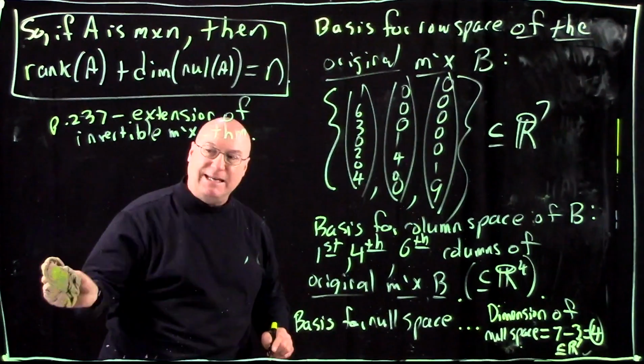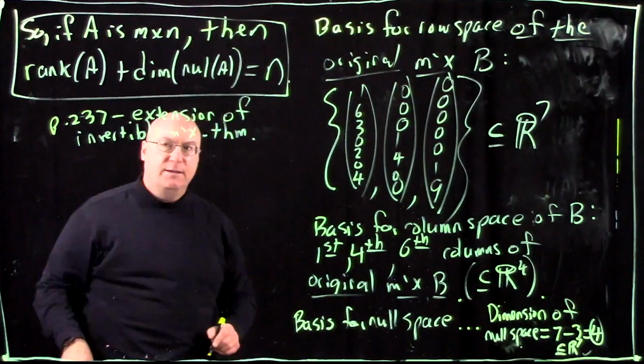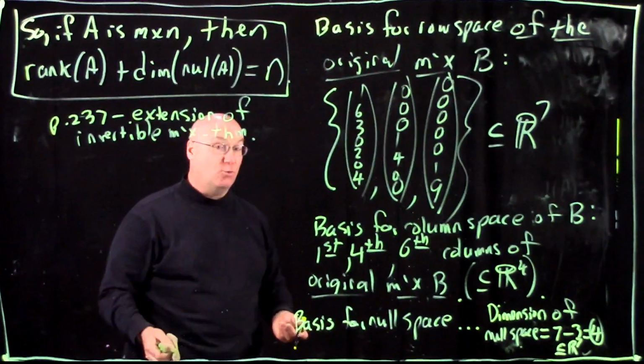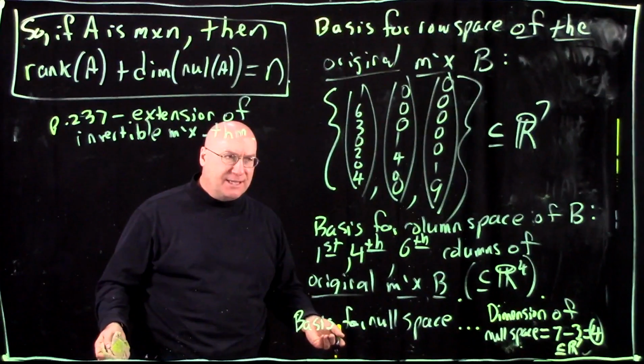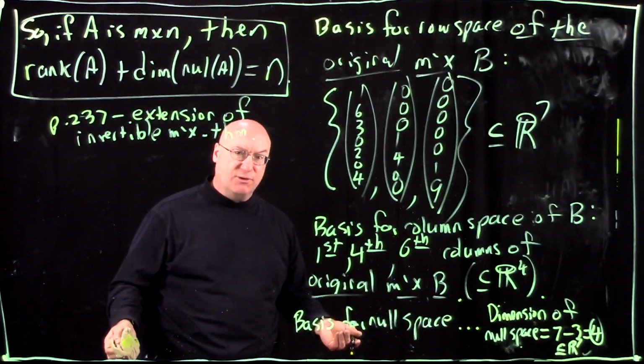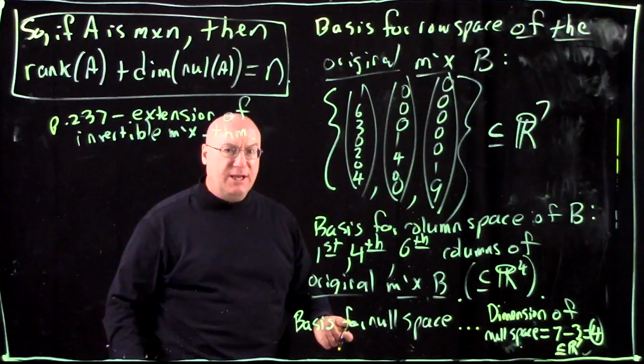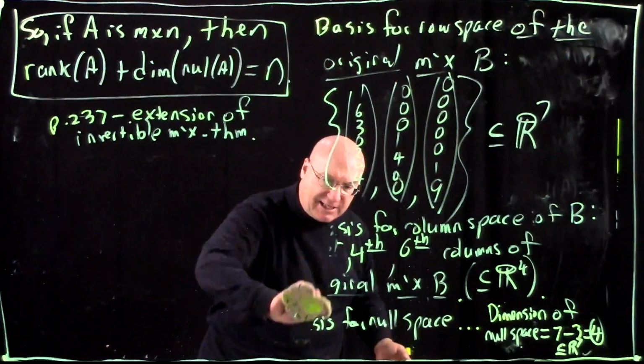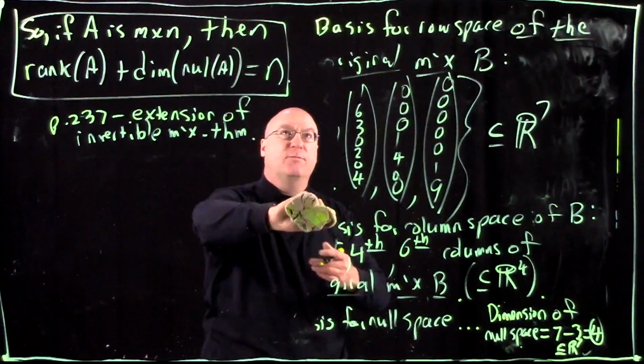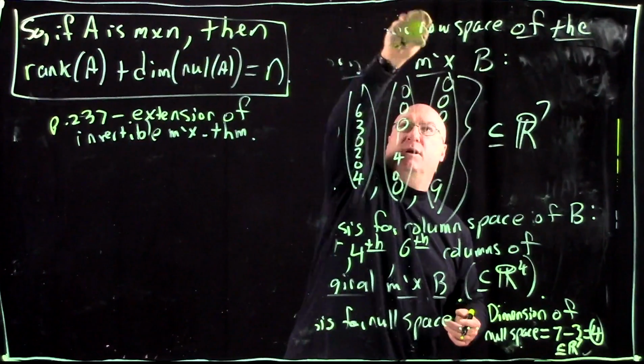So if you have an n by n invertible matrix, then guess what? If the rank is n, that would mean the null space would have to have dimension 0 because n plus 0 has to equal n. So it adds new ways to think about invertible matrices to our list of things.